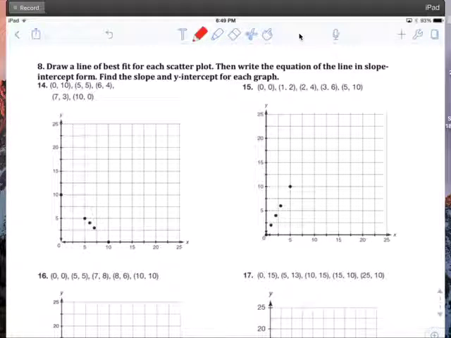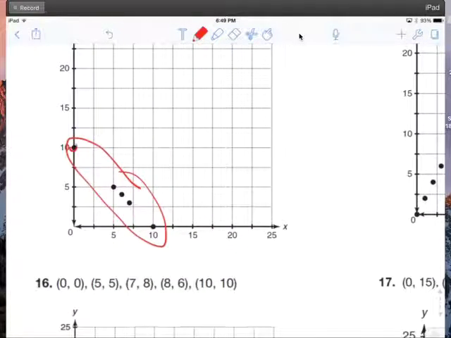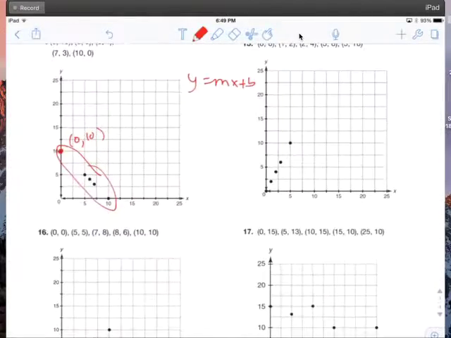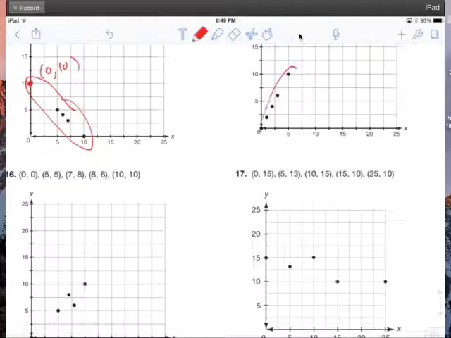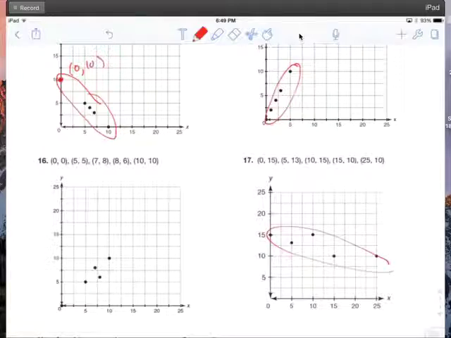You know how to make your line of best fit and write an equation of that line. Hey, there's a y-intercept. You can use y equals mx plus b here. And then you have to do point slope. We also have the y-intercept here. Here's the y-intercept for this too.